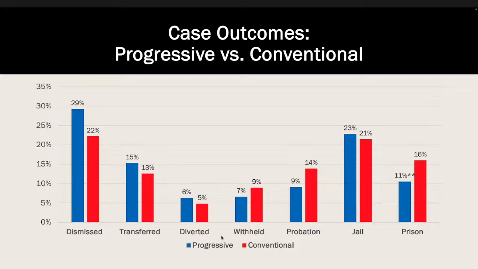They're also less likely to impose probation sentences and jail sentences, and more likely to impose jail sentences, often jail sentences of time served. In other words, across most measures, progressive prosecutors were less punitive than conventional prosecutors.